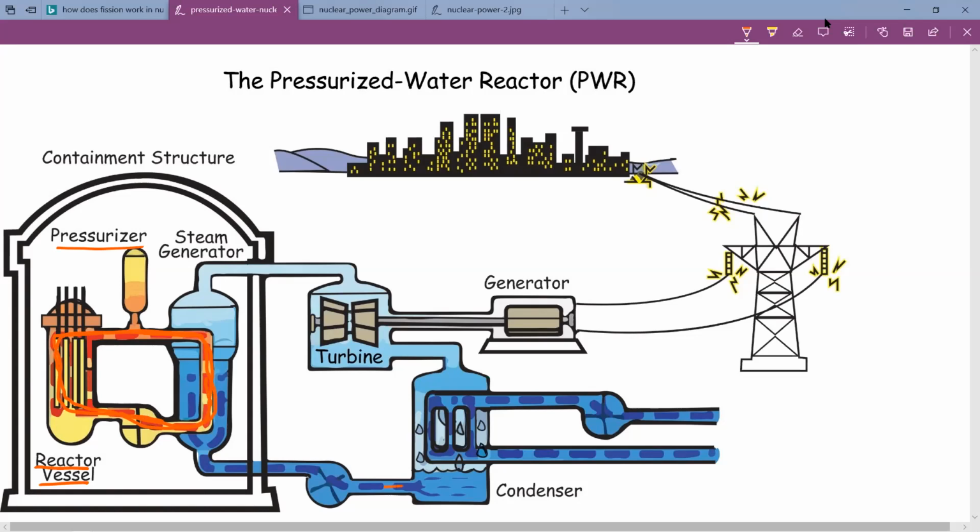So this water is pumped into the steam generator, and this is a closed system also. But this water is allowed to boil and make steam pressure. So it makes steam, which is pressurized, and that steam pressure then is blown out through this turbine.